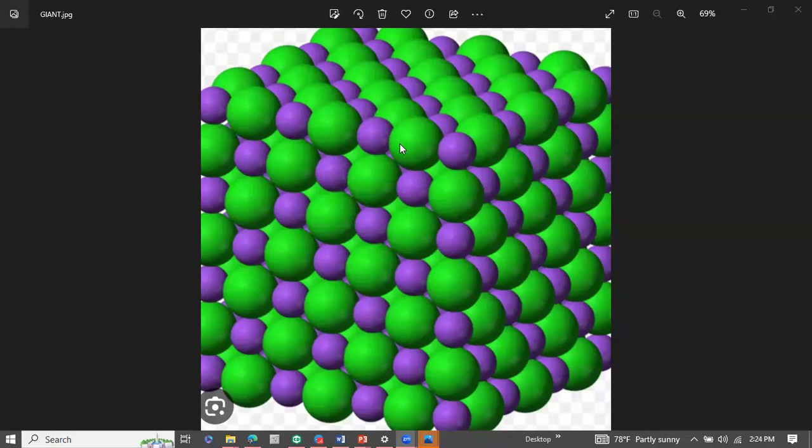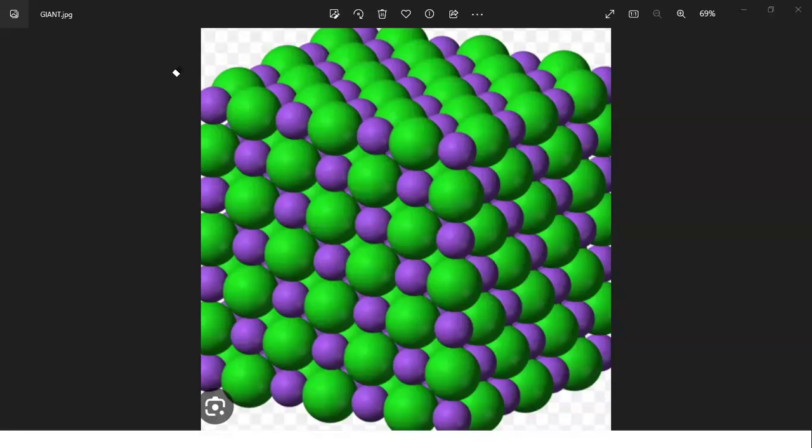Yeah, so now, this is what I want to show you. So giant metallic structures are like this.